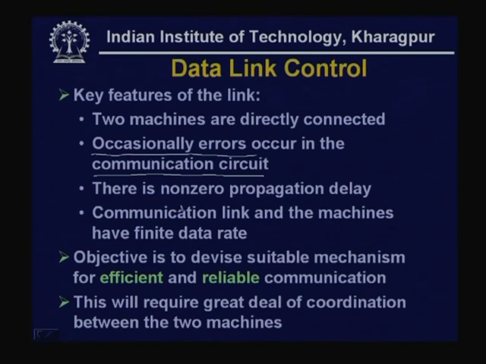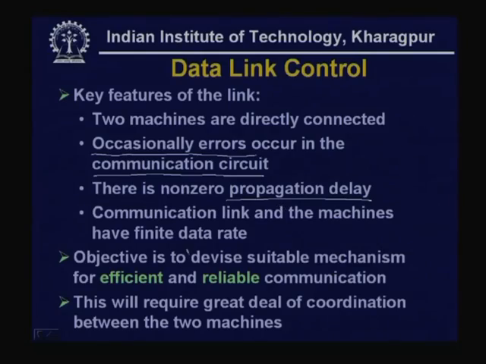The third important assumption is that there is non-zero propagation delay. As I mentioned in the last lecture, there will be some propagation delay for data communication. It will take some time, and this delay will depend on the transmission media used and also on the distance between the two machines.